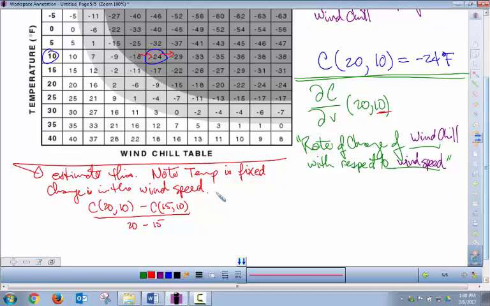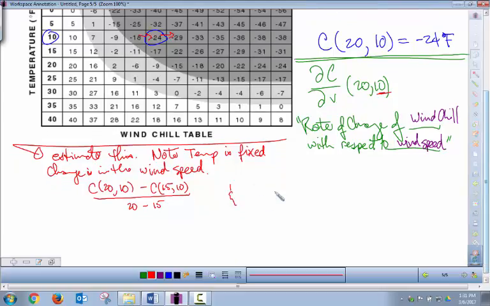I was kind of working it out in my head, and I think it didn't matter because since we're dividing by the change in the velocity anyways, it'll match the signs up. So we'll look at the change from 15 miles per hour to 20 miles per hour.